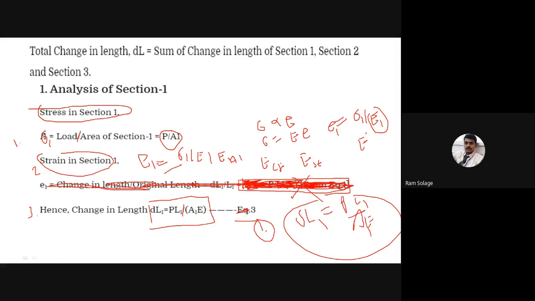I will give 3 to 5 minutes, 3 minutes for section 2 and section 3. Everyone should write in your notebook. If you have any problems calculating stress, strain and deformation for section 2, please ask me. Otherwise, whenever you don't have any problem, we will move the process further to section 2 and section 3.